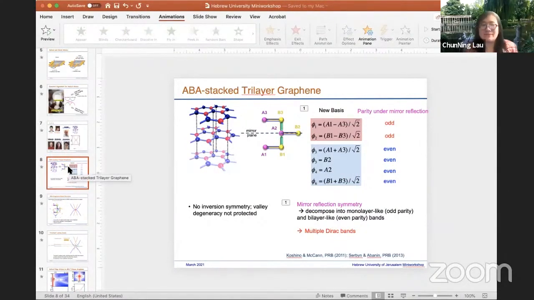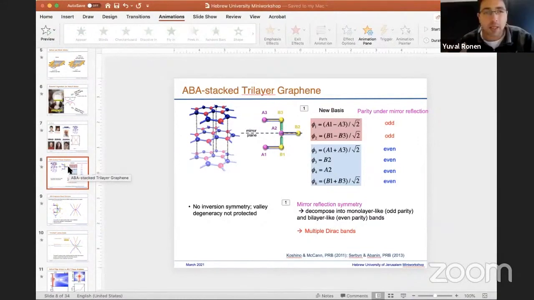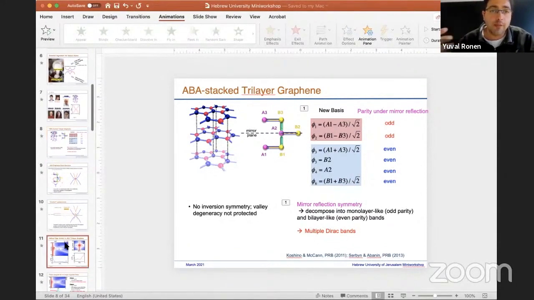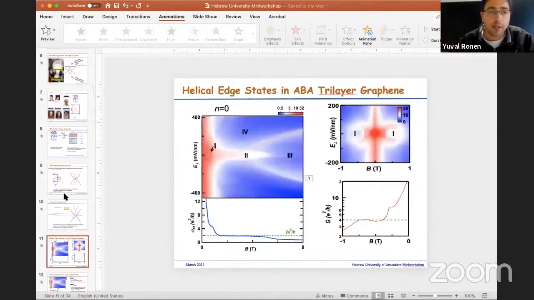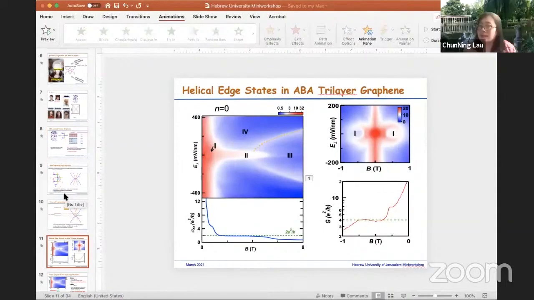Maybe a follow-up question: do you believe the same structure with graphite gates, for example, can give fractional helical states? Yeah, that's also a great question. I think that's possible, but we probably need higher mobility samples.